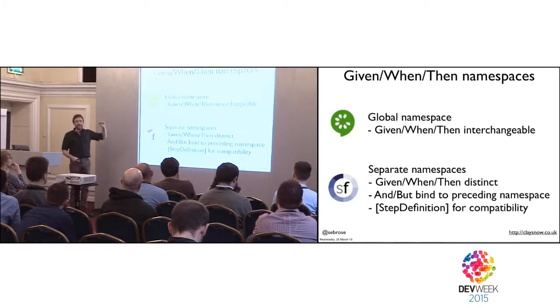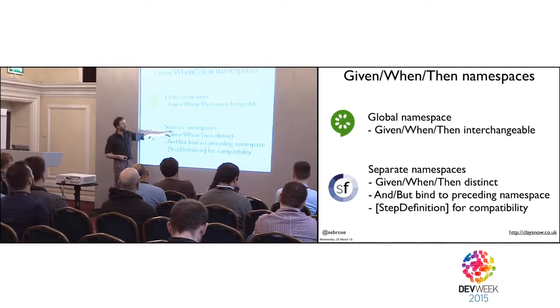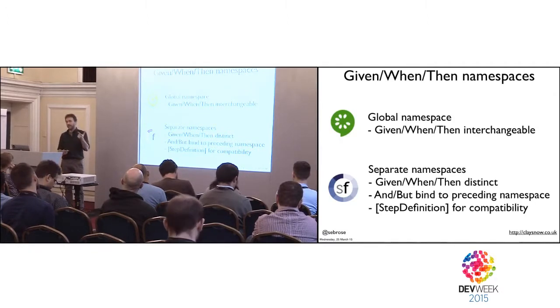There's a difference between the given, when, then. So you recall I said that given, when, and then were entirely interchangeable. That's absolutely true, except in SpecFlow, where they're absolutely not interchangeable. So in SpecFlow, given, when, and then are in distinct namespaces. What that means is that if you say "given I register", that will only match a given annotation, that given I register.